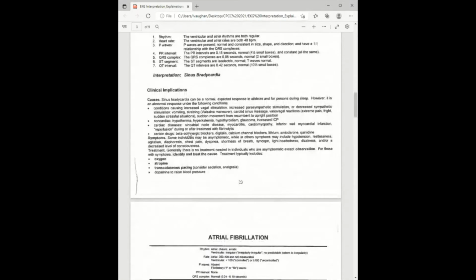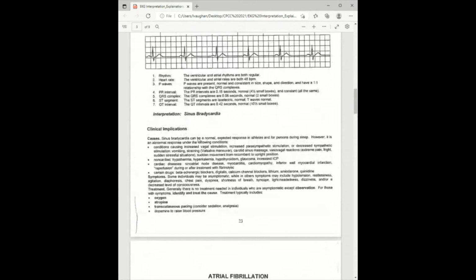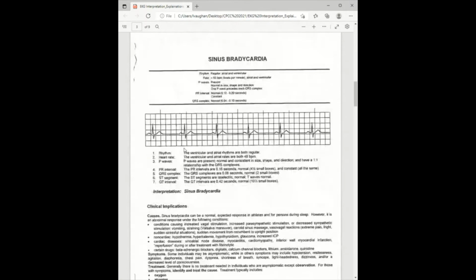Our sinus bradycardia, overall, you have that 1-to-1 where you have a P for every QRS. The atrial and ventricular rhythm are both normal. Well, regular, but it's slow. This one is a rate of 48 a minute.